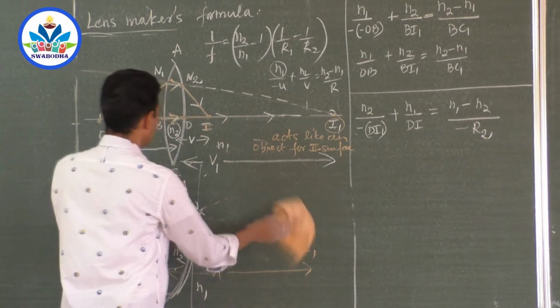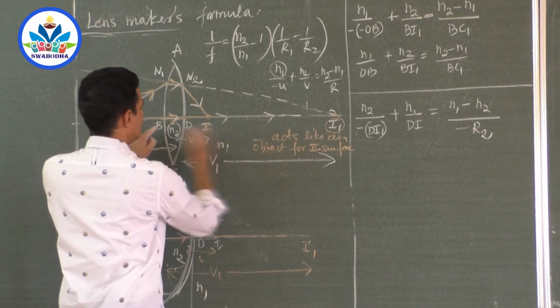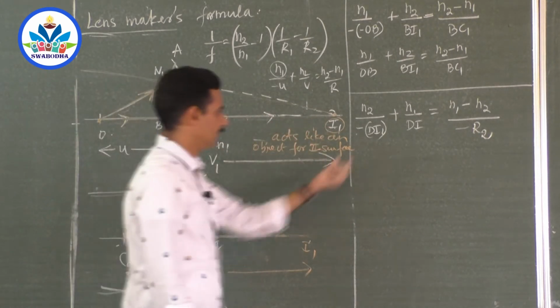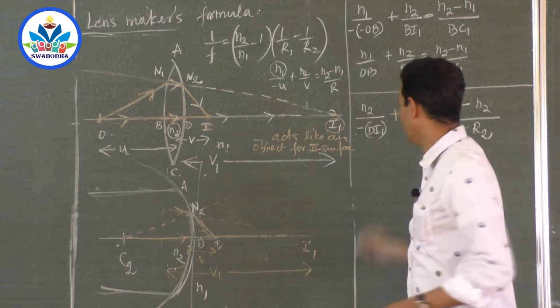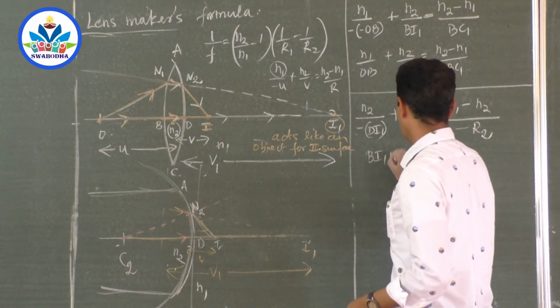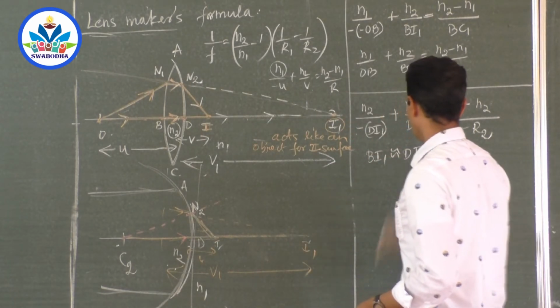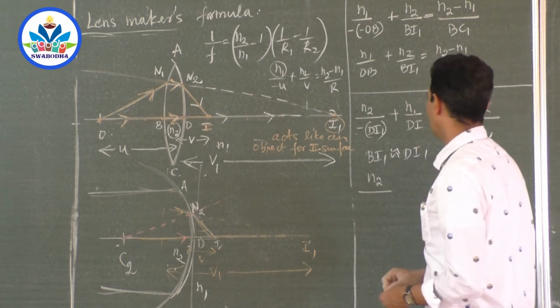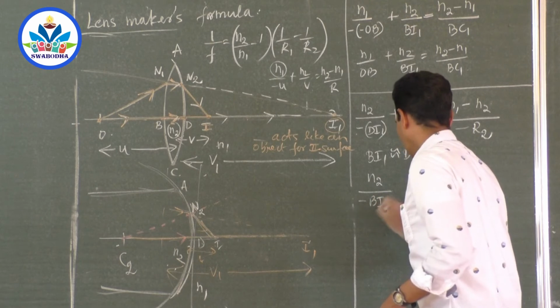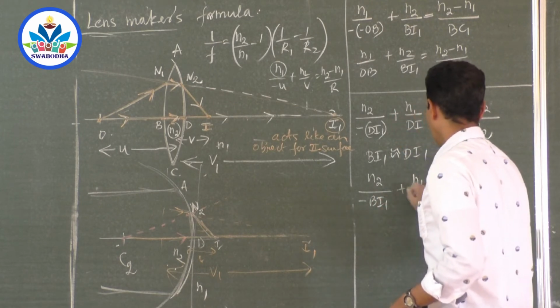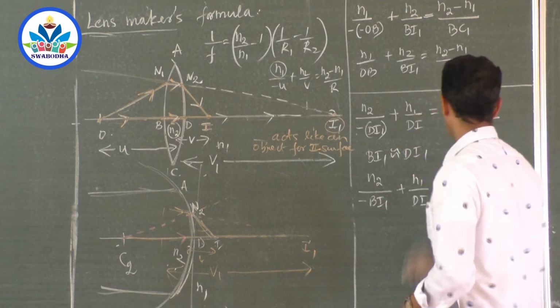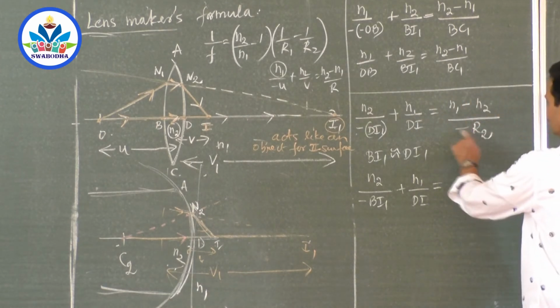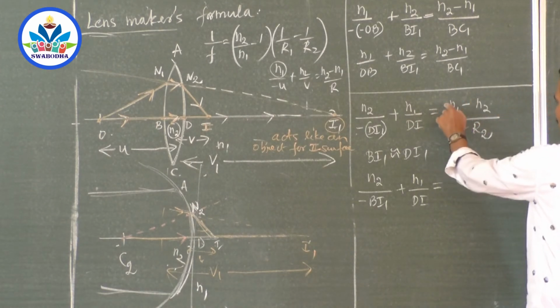So shall I write bi1 and di1 almost the same? So shall I replace this one? So bi1, since the lens is thin, is almost equal to di1. So what will this formula turn into? N2 by minus bi1 plus N1 by di is equal to, so shall I bring this minus to the numerator so that I can multiply it here?